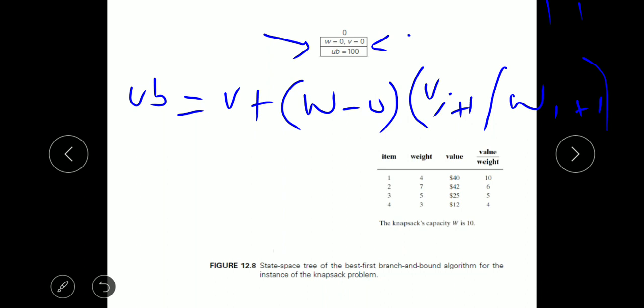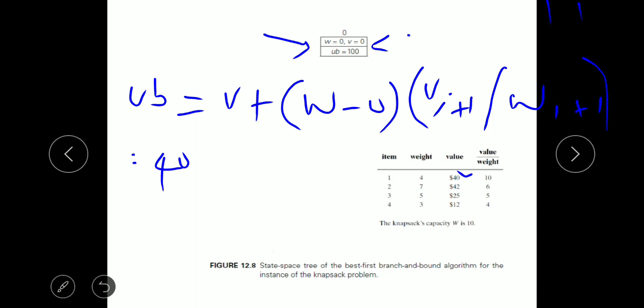So here, let us first consider item 1, try to include it in the knapsack, and calculate what its upper bound would be. The upper bound, when you are trying to include the first item, the value of the first item is $40.